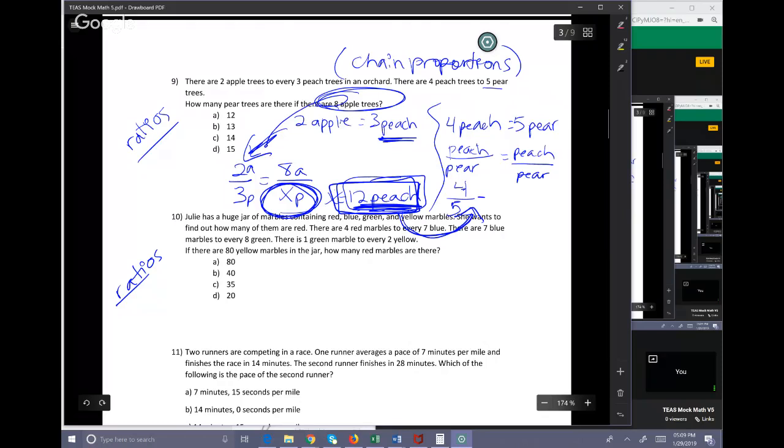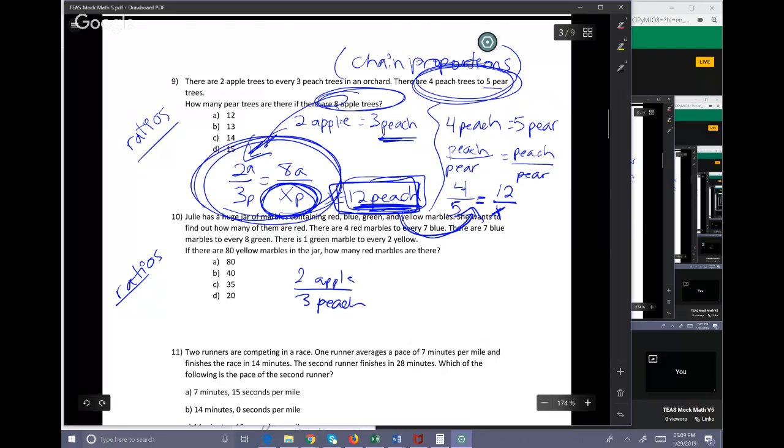So 4 relates to 5, 4 peach trees to 5 pear trees, in the same way that 12 peach trees relates to X. If you find this even a tiny bit confusing with the names, spell them out. Maybe not even use letters, but actually spell them out. If this is confusing to you over here, because 2 different kinds of trees start with the letter P, write them out. 2 apple, 3 pear, peach.